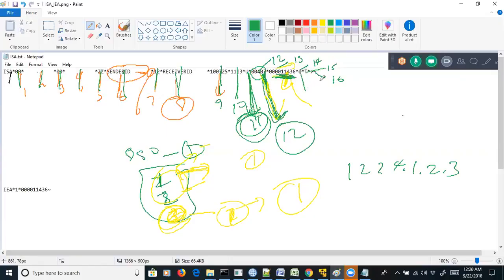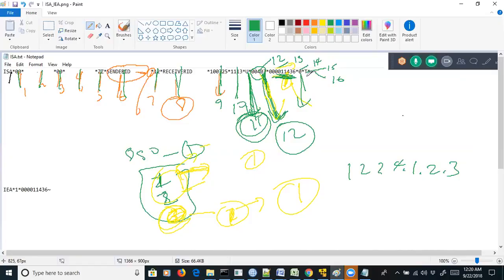Next, field number 14, which is your acknowledgement request. I send an EDI file to Abhishek. When I send the file, I can ask Abhishek to acknowledge me if he has received the file.